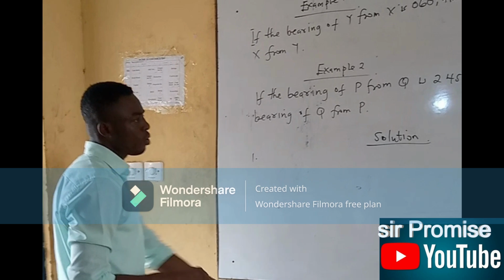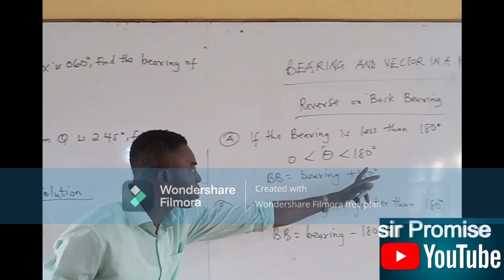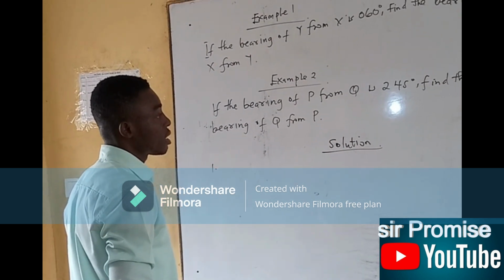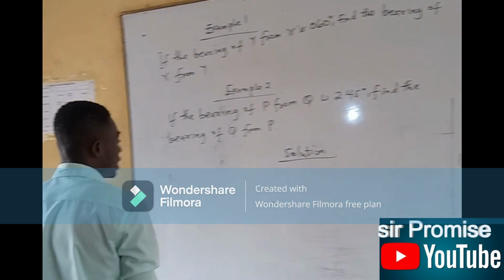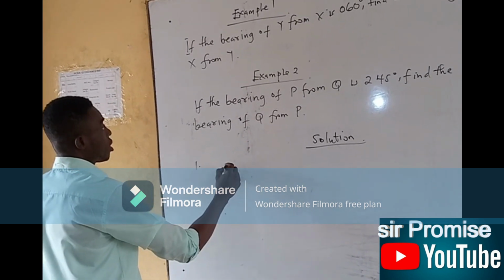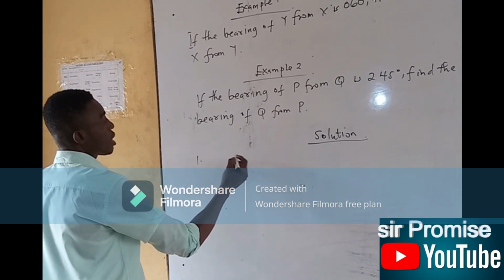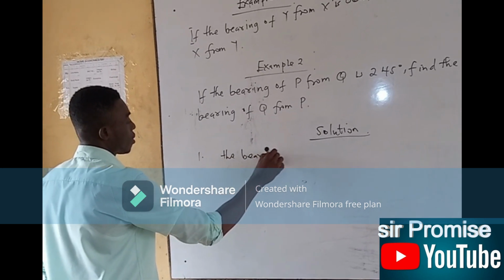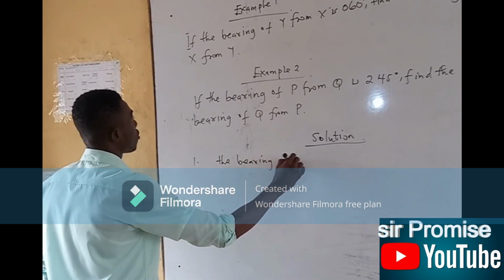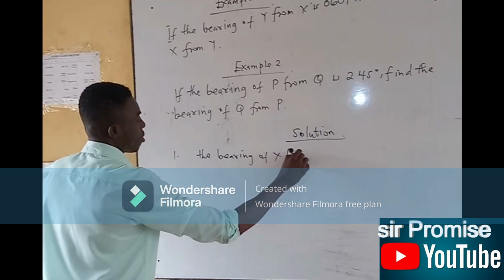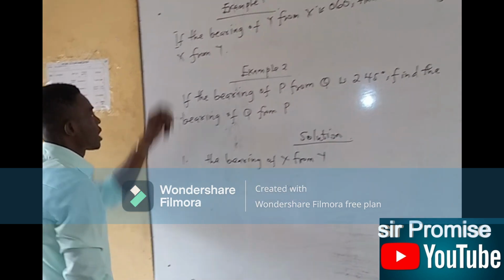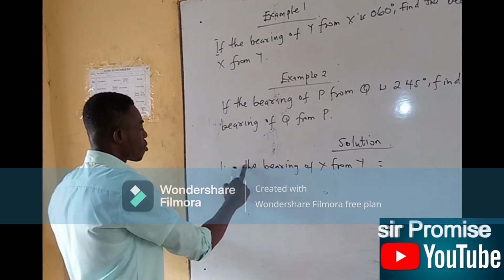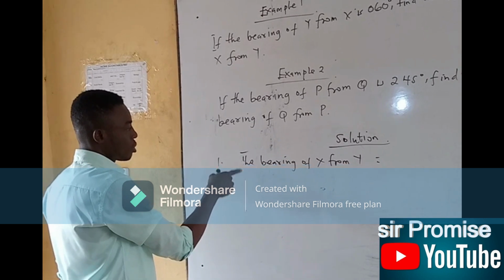But before that, we already know that if the angle given is less than 180, the rule is saying that we add 180 to it. So we can say directly that the bearing of x from y, that is what they want us to find, will be equal to the back bearing.